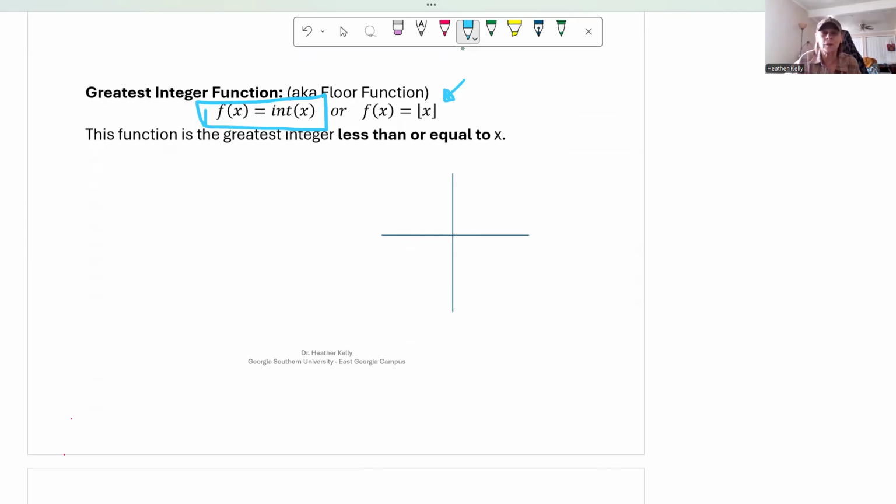And so let's just for fun, just for understanding also, make this little t-chart here.